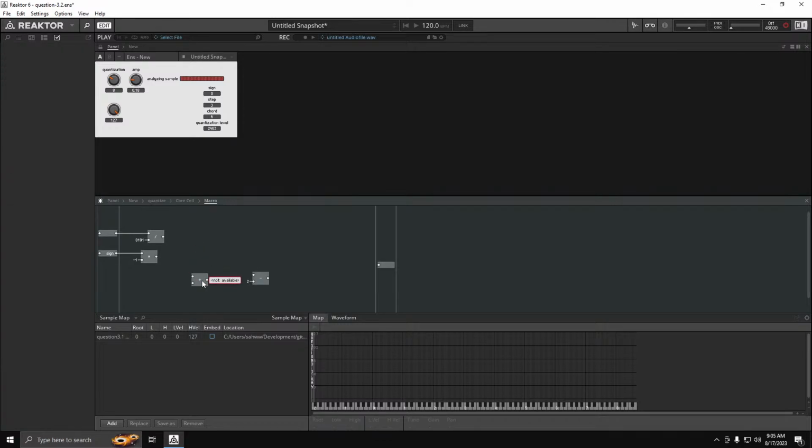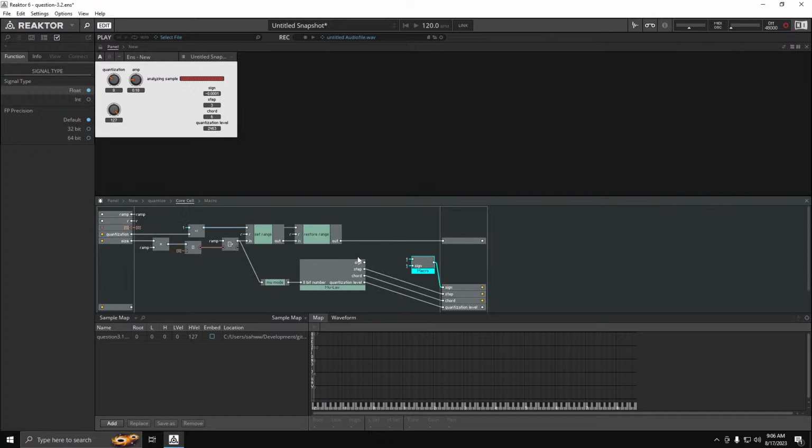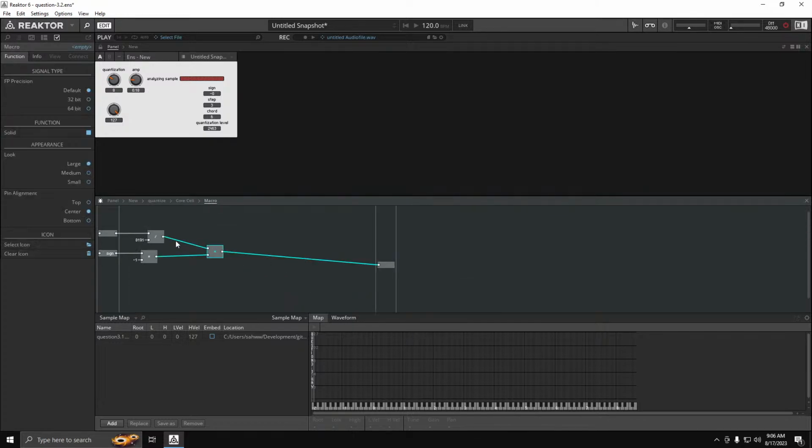Multiply. Yep. So if it's 1, it'll be a negative value. If it's 0, it'll be a positive value.